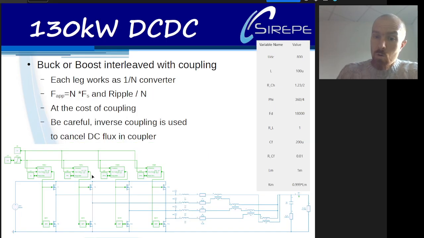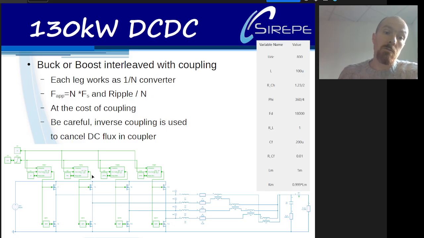So we try to use coupling to improve the waveform. We add a 2-coil transformer in each phase and couple the transformers in a cyclic way, to have the combination of switching voltages in each phase in order to have each leg working as a quarter converter.